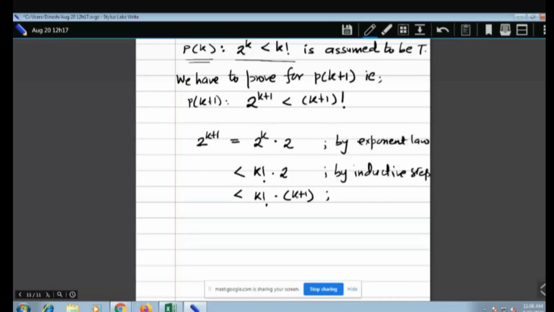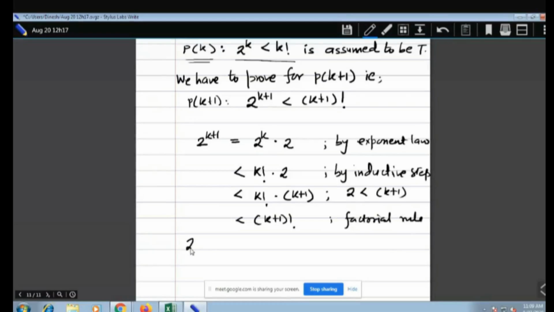And why I have put k plus 1 here, because you know that 2 is going to be always less than k plus 1. So whatever you add on this side, it is going to be less than this. And since you have k factorial into k plus 1, it is nothing but k plus 1 factorial. Okay. This is what is factorial rule or factorial chain. Okay.